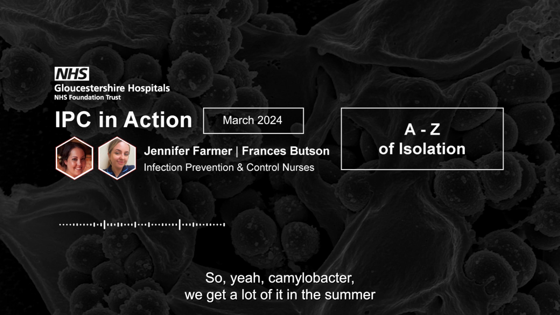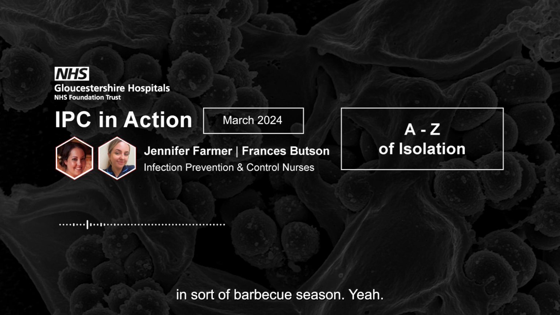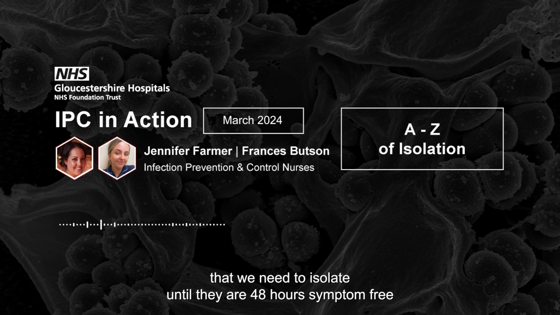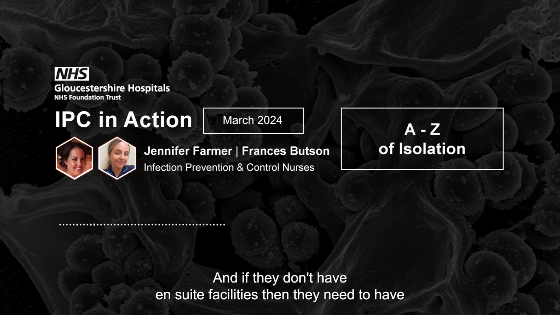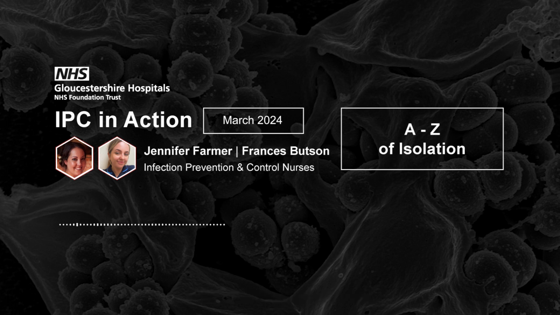We get a lot of it in the summer in barbecue season. It is something that we need to isolate. It's one of those enteric organisms that we need to isolate until they're 48 hours symptom-free. It's excreted in the feces, and if they don't have ensuite facilities, then they need to have a dedicated commode, please.